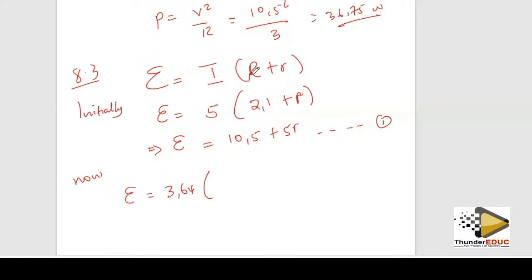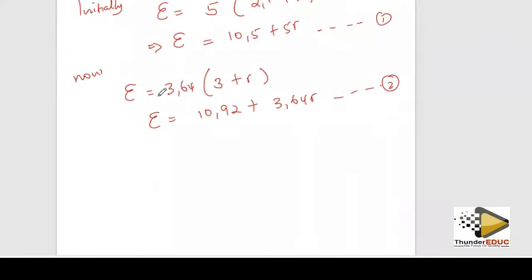The total resistance, so the external resistance is going to be just 3 ohms plus R. Open this up. I'm going to have 3.64 times 3, having 10.92 plus 3.64R. I can call this my equation number 2.